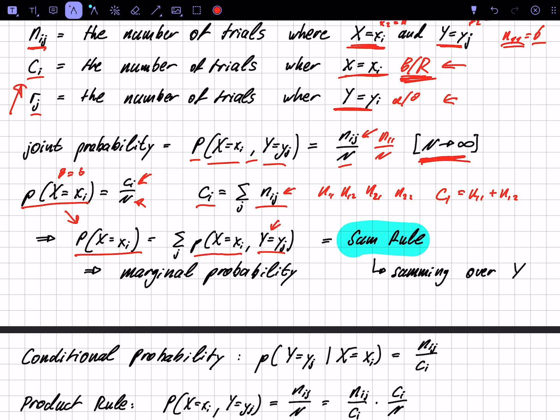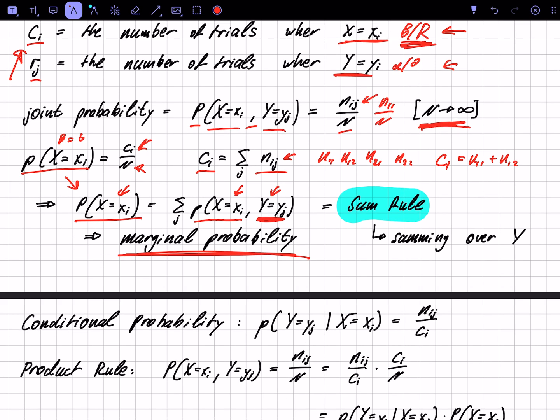So we again don't care, we sum up over all y's, and at the end we only get the x. So by summing up over all y's, we eliminate them, and we only have the probability of x equals xi. And this is called the marginal probability.